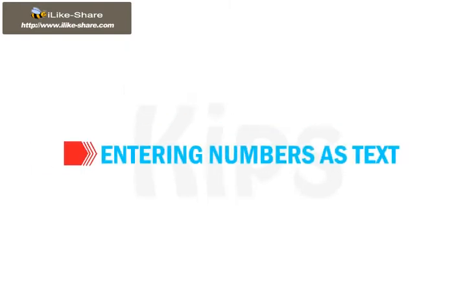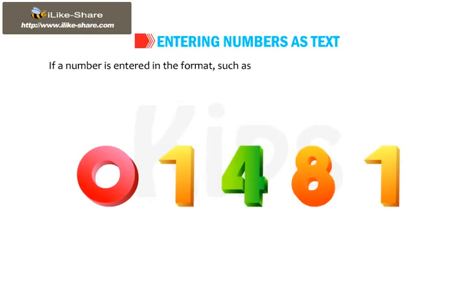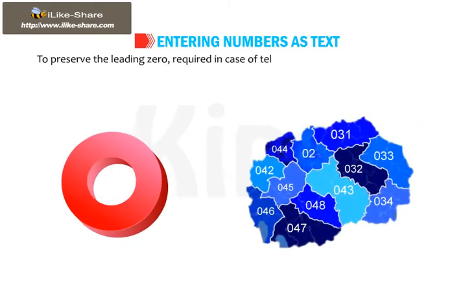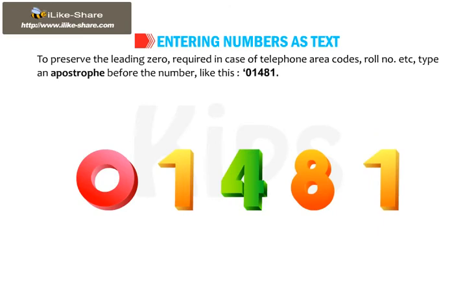Alright, now we will talk about entering numbers as text. If a number is entered in the format such as 01481, Excel will drop the leading 0. To preserve the leading 0, required in case of telephone area codes, roll numbers, etc., type an apostrophe before the number, like this, '01481.